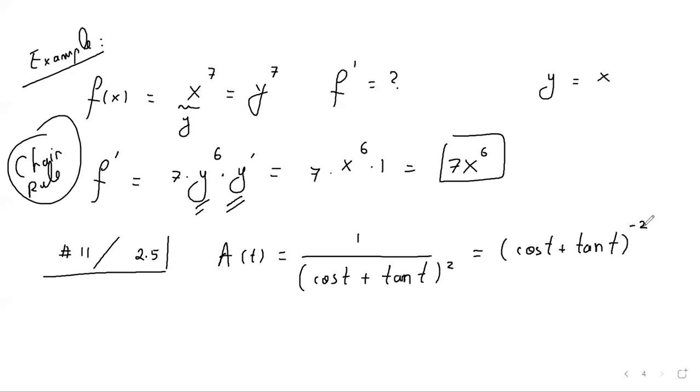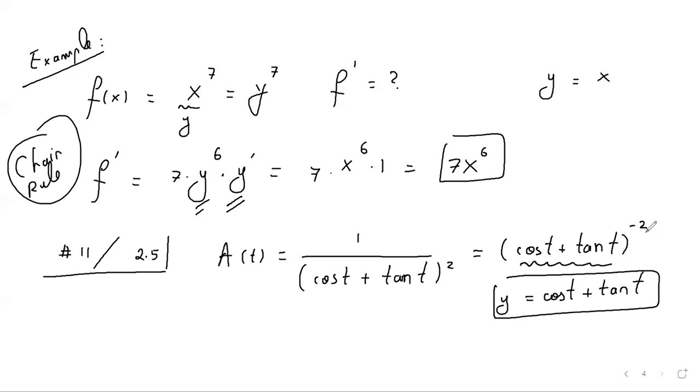And right now you recognize the pattern we worked out carefully with the power. That's a negative power, that's okay. So we are going to do the exact same things as we did earlier. We're going to call this y equals cosine t plus tangent t. We're going to call that y.